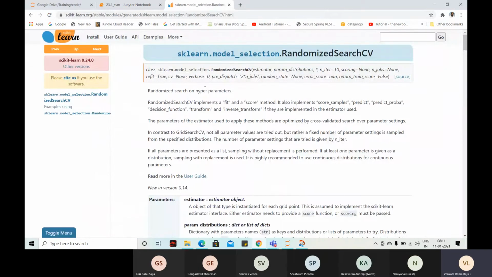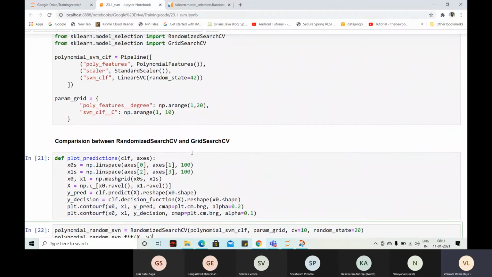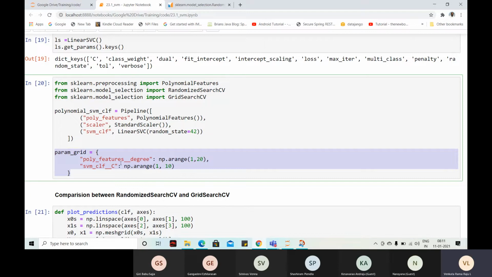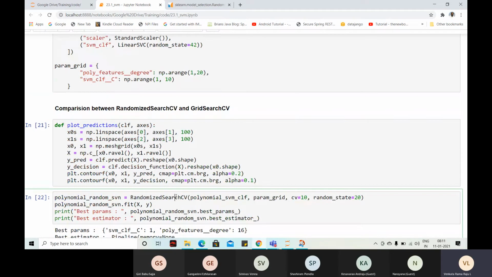As a human being, what you will do is play with the model for some time and find out a range, then give that range into the param grid and try RandomizedSearchCV. That way it will pick 10 random combinations.